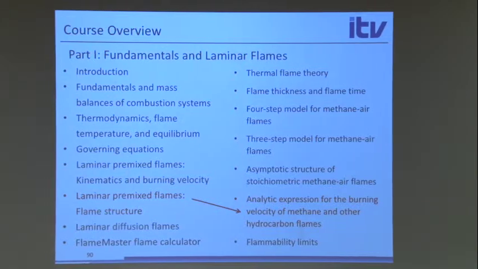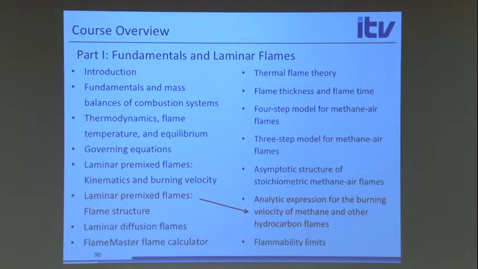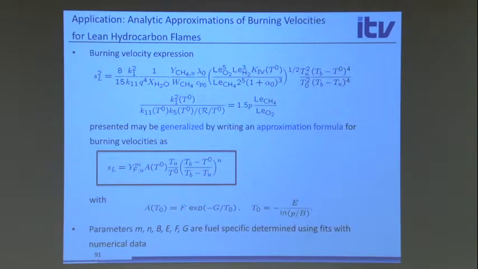Okay, so then we can quickly look at an analytic expression for the burning velocity. This is something that's quite useful for doing reduced order modeling or for trying to understand how things change. You can now take this expression here for the burning velocity and try to write it in a more general form. So here, for example, there's TB minus T naught to the 4th power, or divided by TB minus TU to the 4th power.